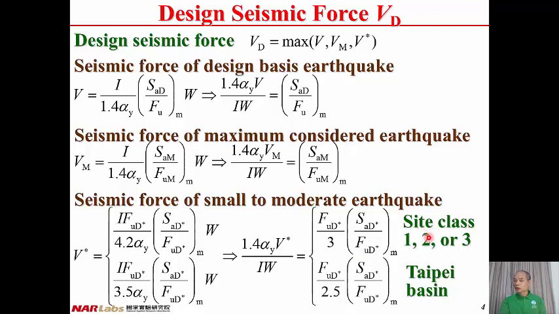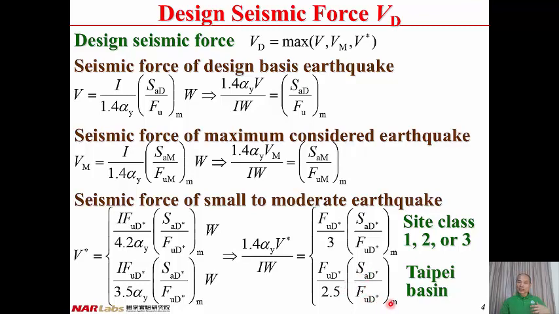For site class 1, 2, or 3, then we have 1.4 alpha y V star divided by IW equal to FU D star divided by 3 times SAD star divided by FU star modification. For Taipei Basin, the normalized seismic force becomes FUD star divided by 2.5 times SAD star divided by FU star modification.